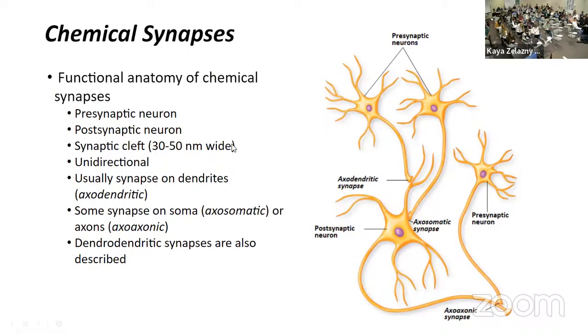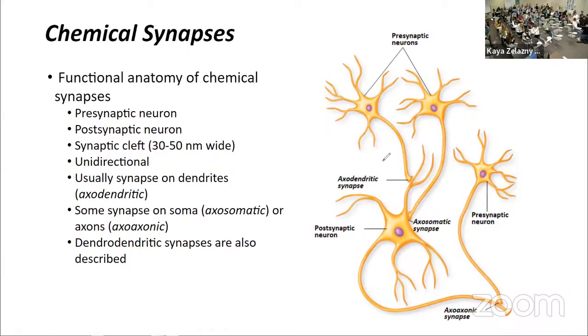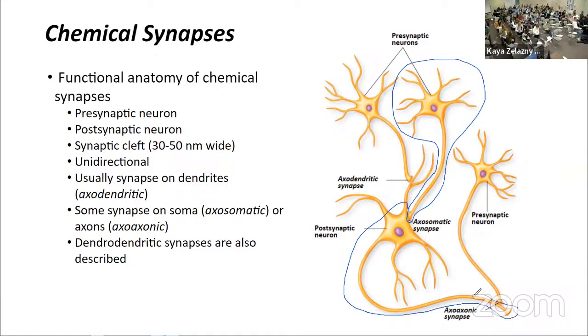So our chemical synapses are where we're really focusing in on that connection between a presynaptic neuron, the first neuron in the chain, and then a second neuron, our postsynaptic neuron. We have multiple connections, which is why you have multiple presynaptic neurons labeled here, but we're first just going to understand one of those connections and then spread out from there.